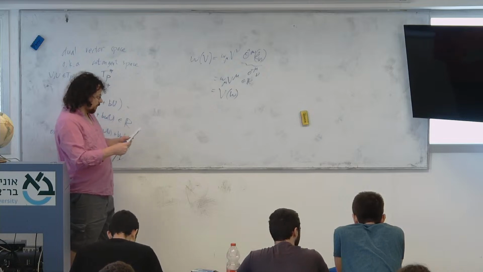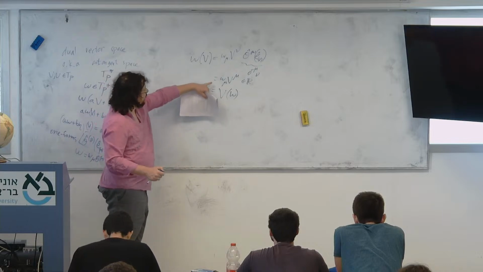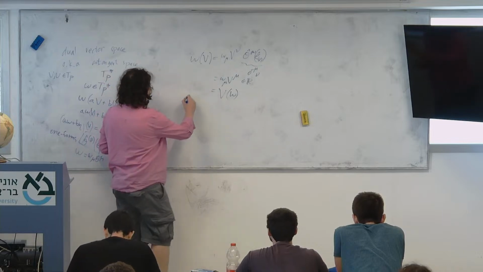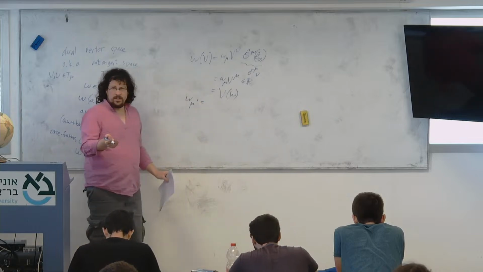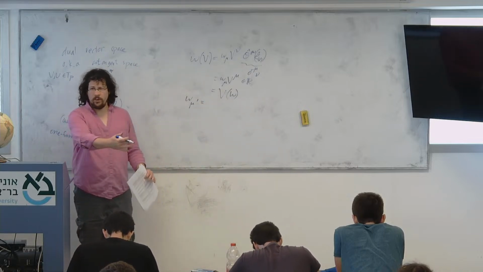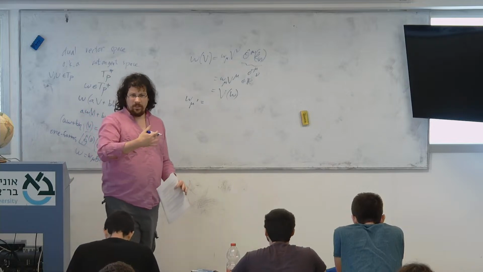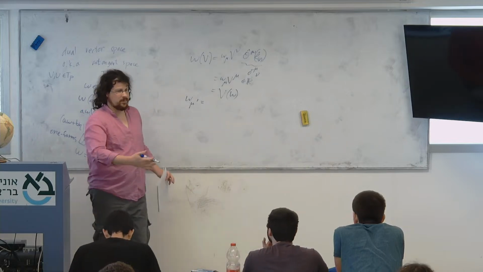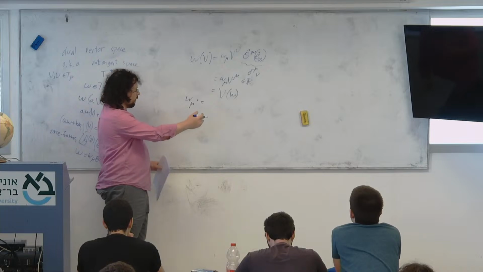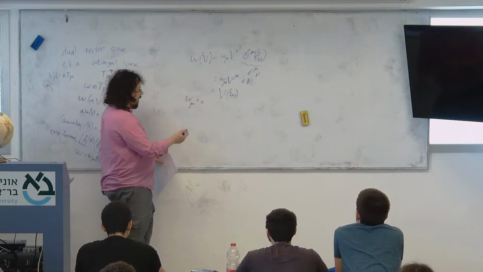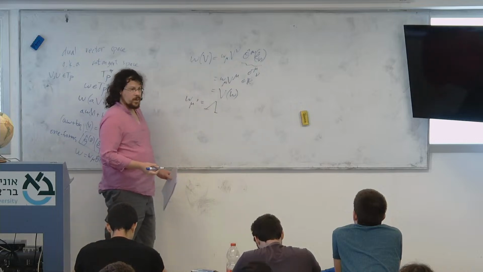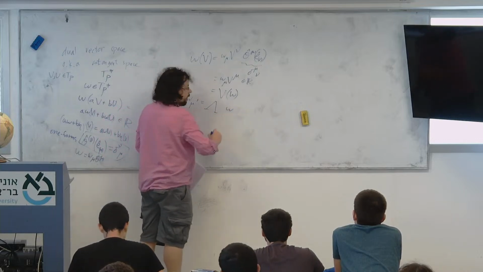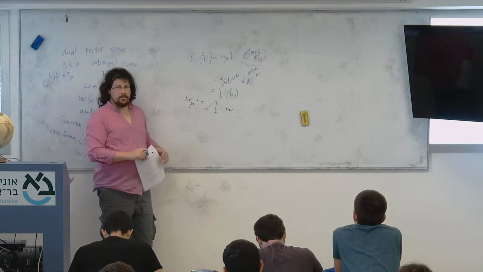For completeness, what is the transformation rule for the omega mu? So omega mu prime, and you don't even have to know anything to do this. You just write whatever comes to the thing that you have to write, right? It has to be a lower-index transformation, so I must have a lambda here. There has to be an omega here, because I'm transforming from an omega.